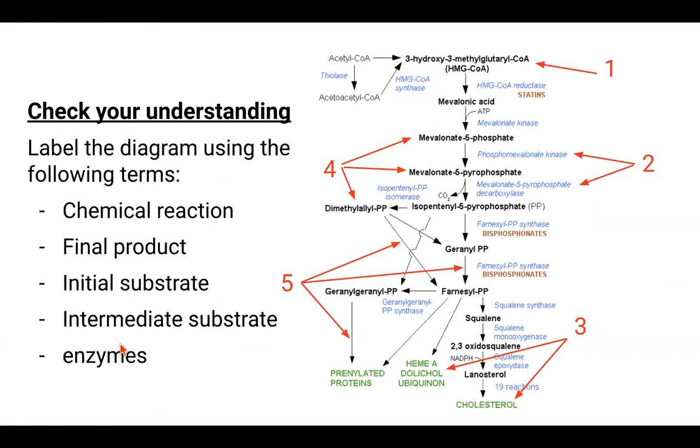Okay, I assume that you've made an attempt. Number 1 is pointing to a chemical molecule at the very top, and so you will know that it is an initial substrate. Number 2 is pointing to these two, kinase and decarboxylase, meaning that they must be enzymes because they're written right next to an arrow. Number 3 are final products. You notice that it is what the body is interested in.